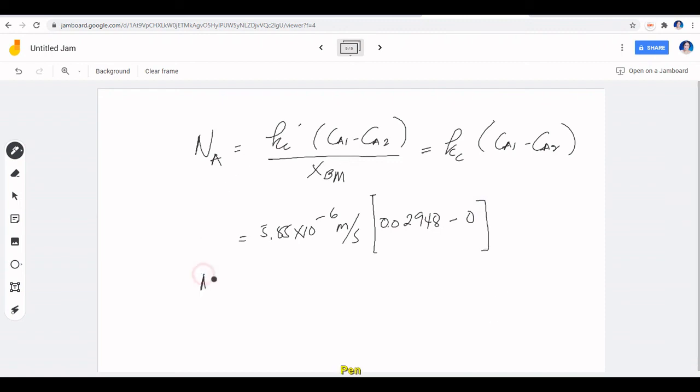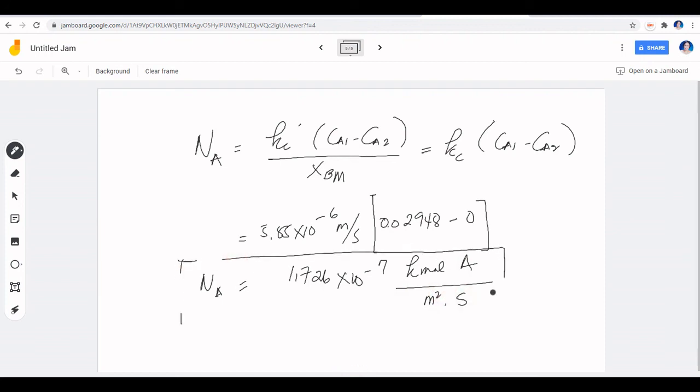So your molar flux in this case will be 1.726 times 10 raised to negative 7 kilomole of A, which is our benzoic acid, per meter squared per second. Okay, so this is the answer to the second requirement in the problem regarding the flux of A.